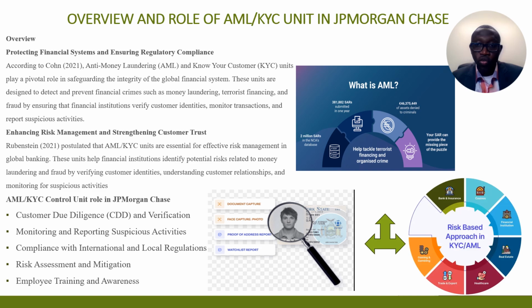That leads us to the role, which I call the basic role of AML KYC control unit in JP Morgan Chase. The first thing that AML KYC unit wants to do is to perform what we call customer due diligence, which we call CDD, and make sure that all details being provided to them are verifiable.